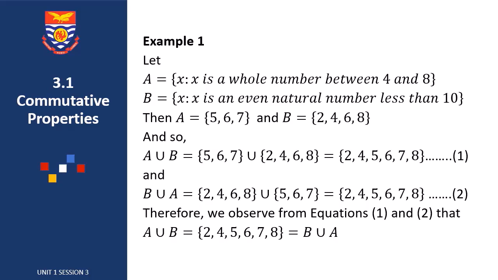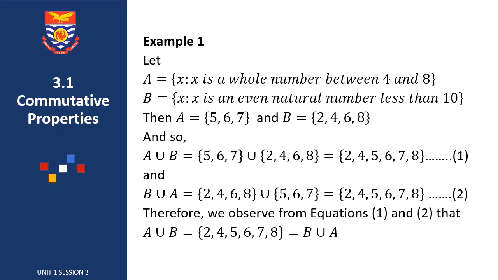Then, if we list the members, set A will be 5, 6, and 7, and set B will be 2, 4, 6, and 8.